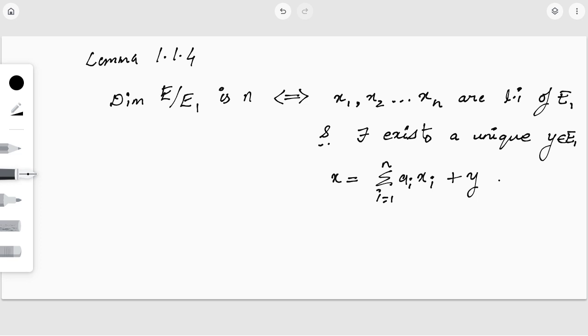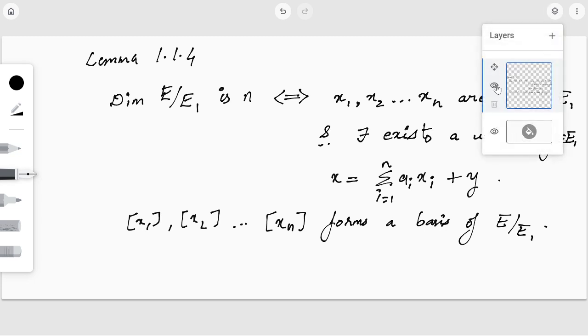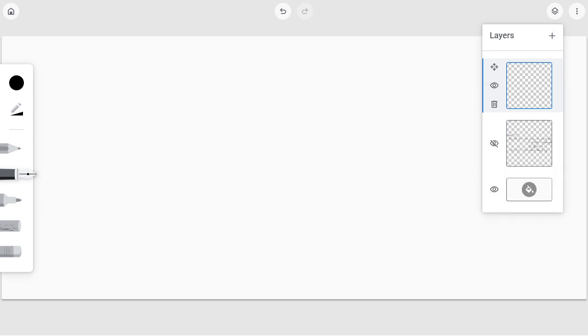This lemma also states that the cosets x1, x2, etc., xn form a basis of our quotient space E by E1. So this is the basic idea behind the lemma. Now let's come to the proof of this lemma.